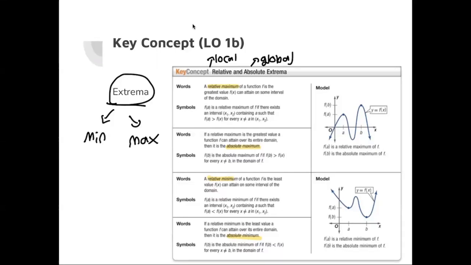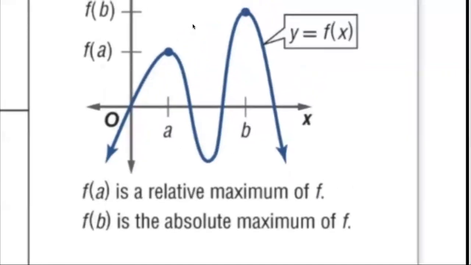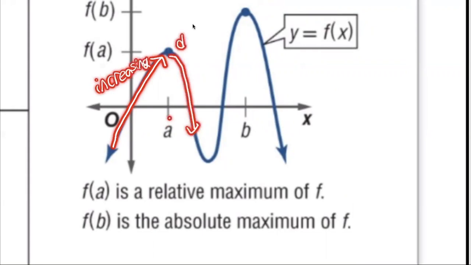We learned the definition of increasing, decreasing, and constant in lesson 1.1 as well as lesson 1.3, right? If you take a look at this graph, up till x equals a, the graph is increasing, right? But after it passes x equals a, it changes to decreasing, right?